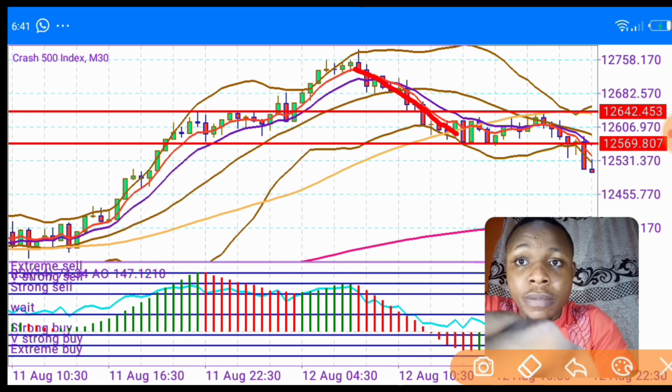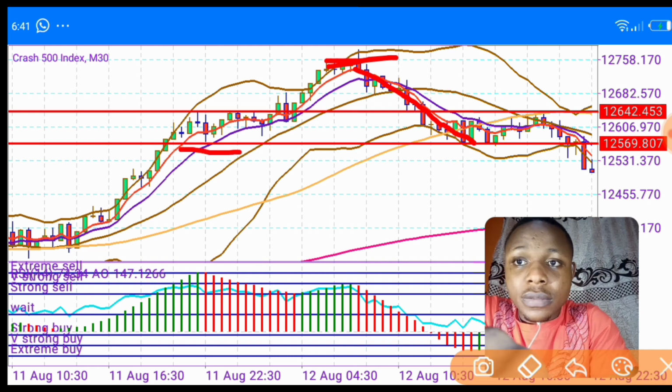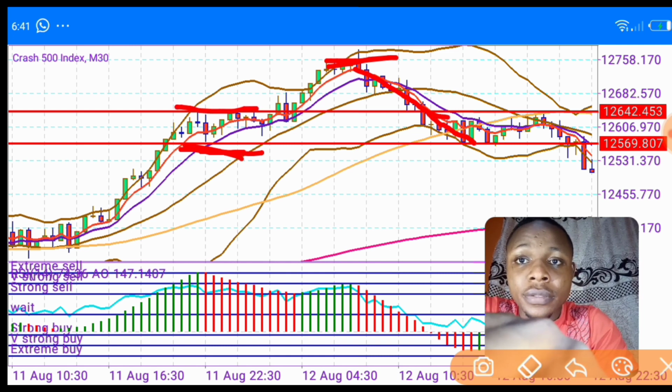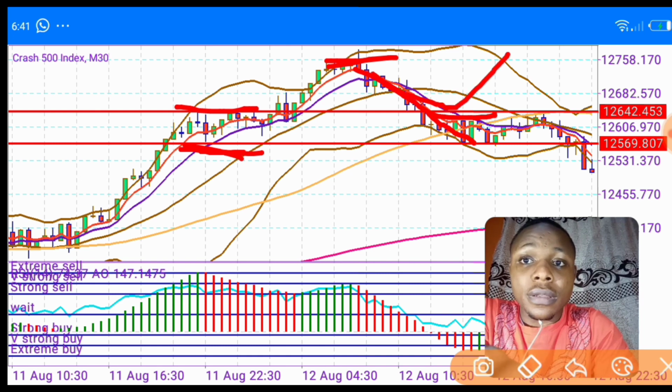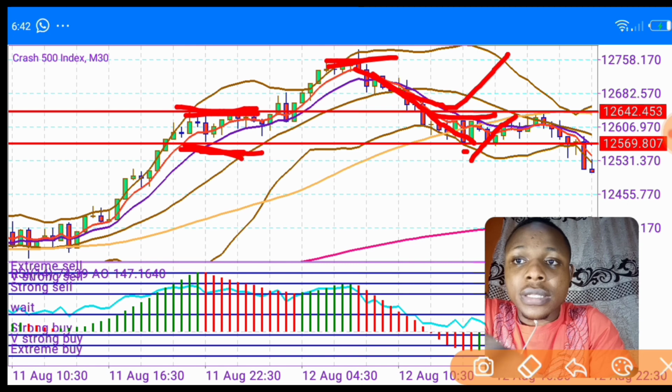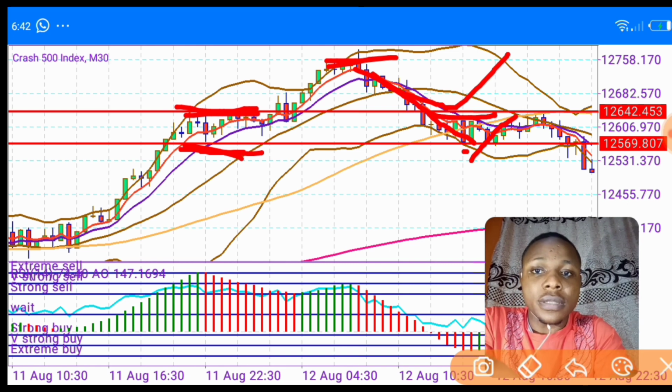It came back all the way from here to respect this resistance, this support. It broke this resistance over here, the resistance that should have served as support. It broke it, then came back here, then moved up again, now respecting this resistance.